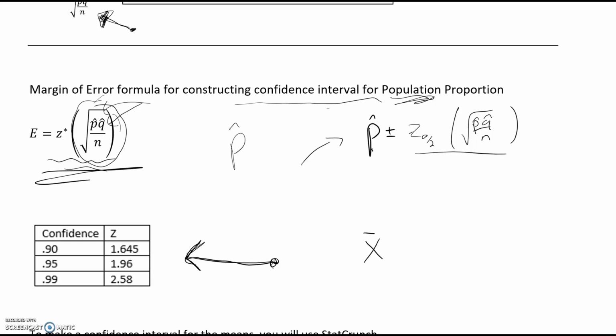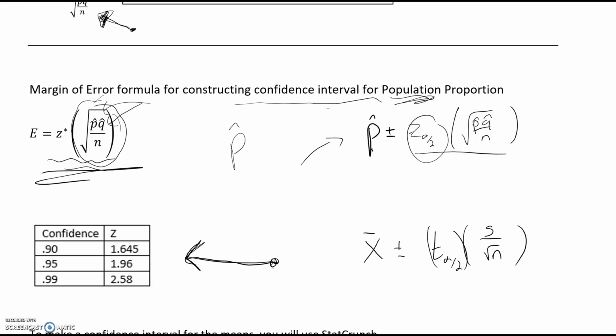So I'm going to do the same thing here. I get my sample mean, and I add and subtract the margin of error. It would just be however many standard deviations I choose. Standard deviation would be estimated by the sample standard deviation over root n. And then instead of multiplying by some z value, we would multiply by some t value.